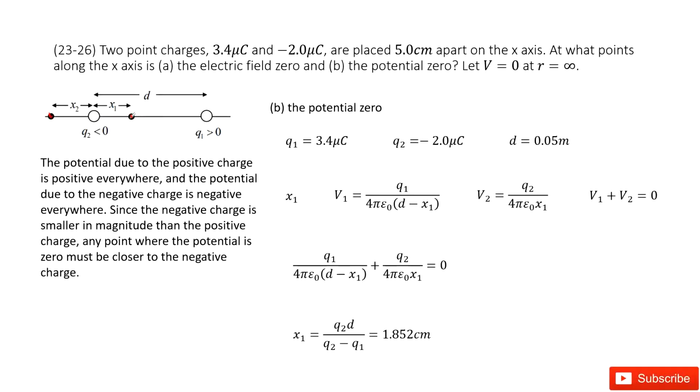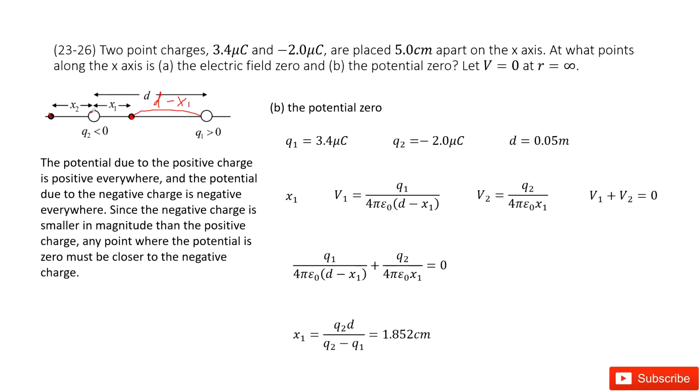So first one, we look at the position x1. So we find the potential from Q1, we write it as V1, the point charge Q1 divided by 4 pi epsilon naught. Now the distance, this distance is just d minus x1, right? So write it as there.